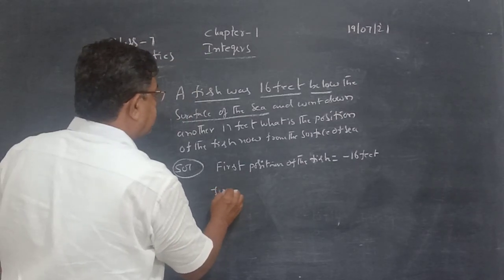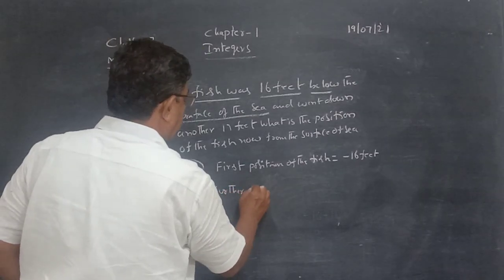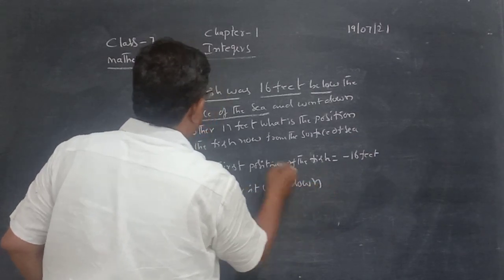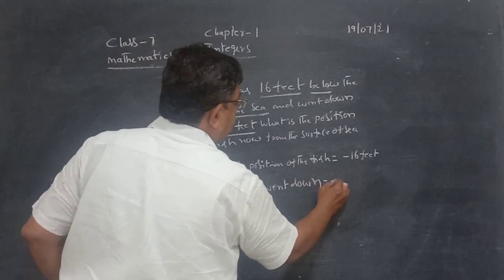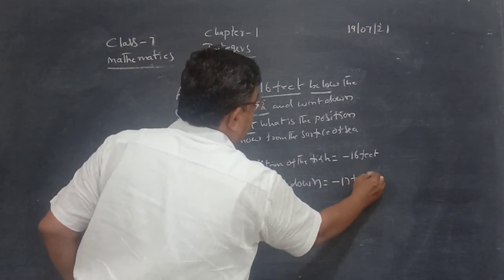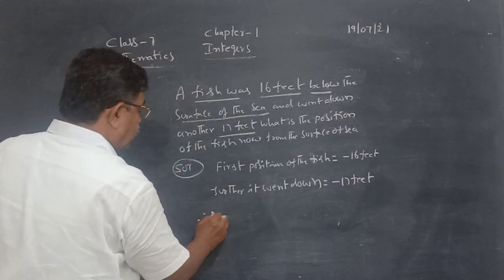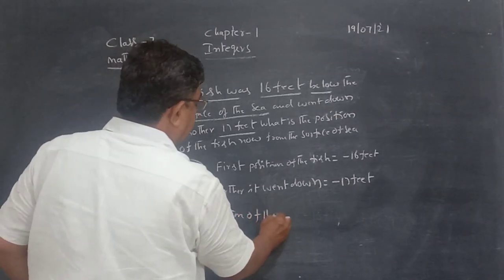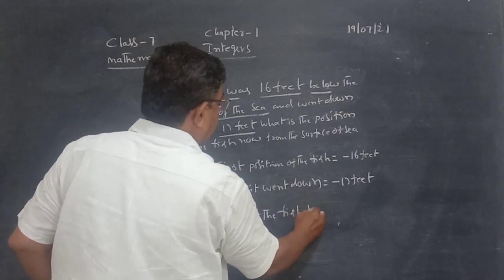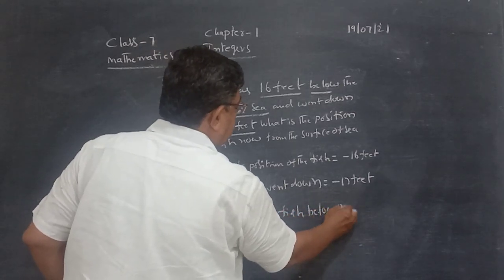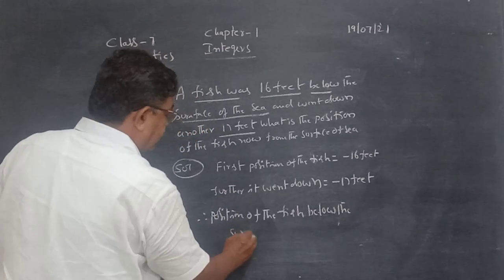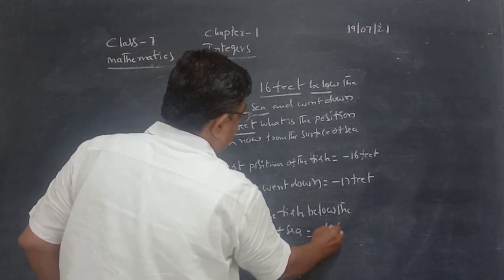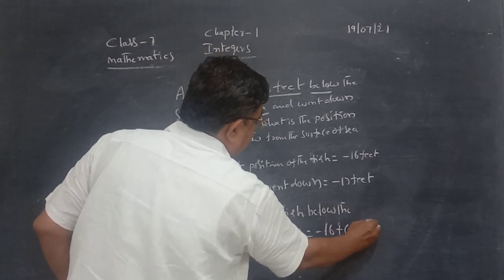Further, it went down. How many feet did it go down? 17 feet. Went down means -17 feet. Therefore, the position of the fish below the surface of the sea is equal to -16 plus -17.